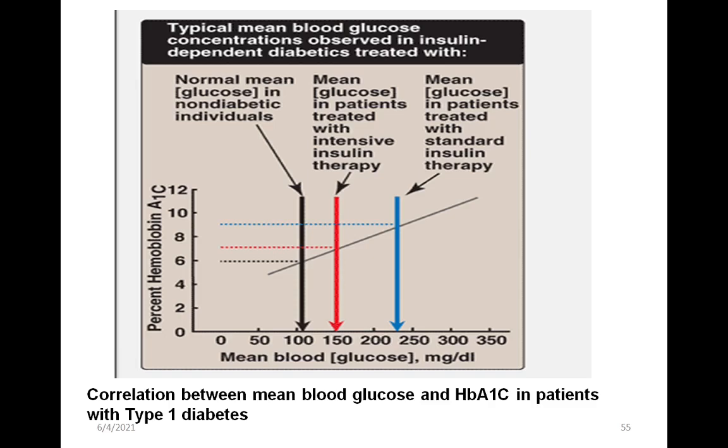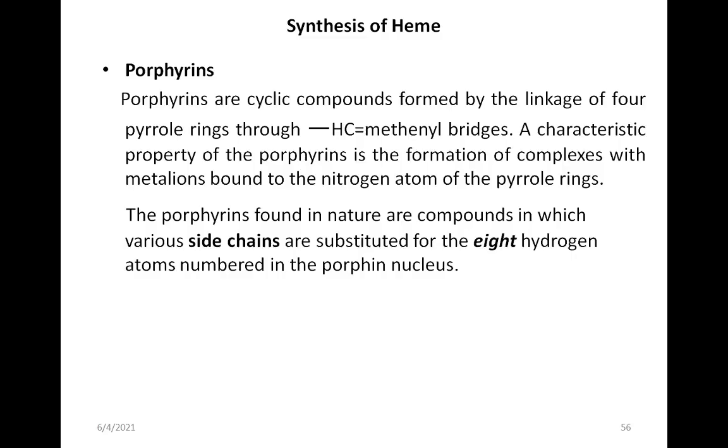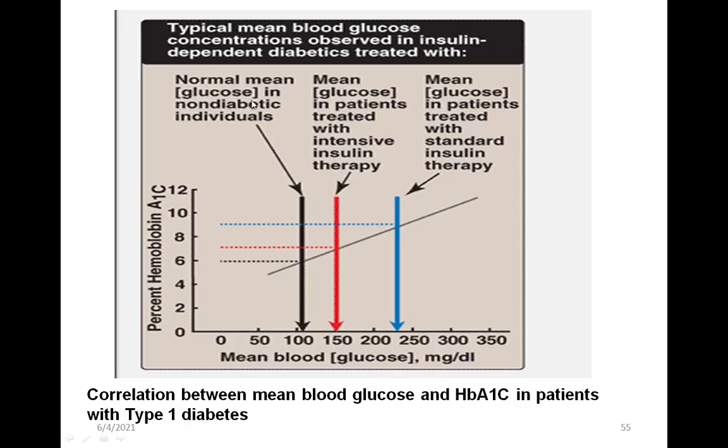This is the chart showing the correlation between the serum or blood mean glucose concentration and hemoglobin A1c in patients with type 1 diabetes. This is the normal mean in a non-diabetic individual. This is the mean glucose in a patient treated with intensive insulin therapy.